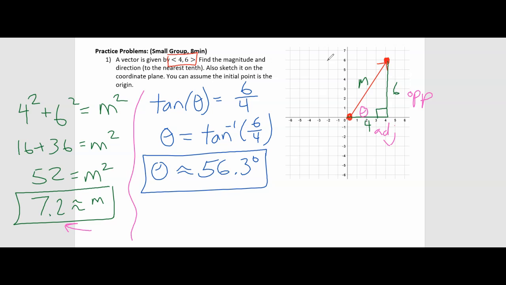If it just said give the direction, that would be sufficient. But I want to go one step further and talk about the compass directions as well. So if I need to use north, east, south, or west, two of those, I think I already told you which two to use, but think about the order, and think about, are there multiple ways to write it? So we should be able to come up with two ways to write good compass directions for this vector. Pause the video and see if you can figure that out.